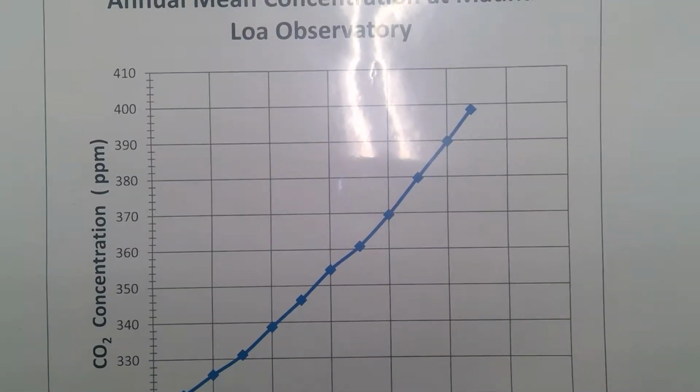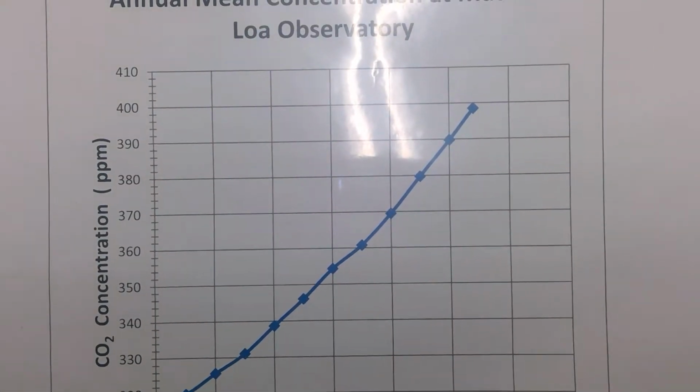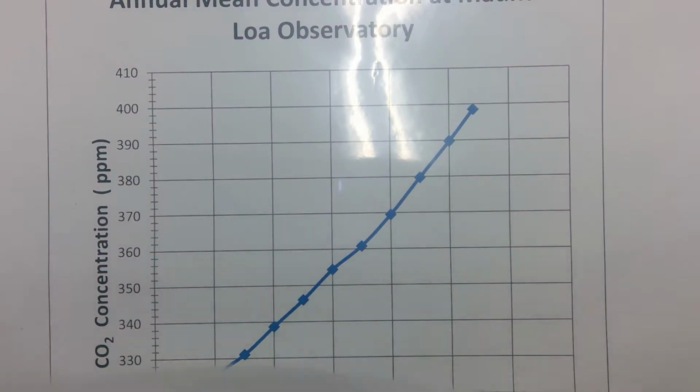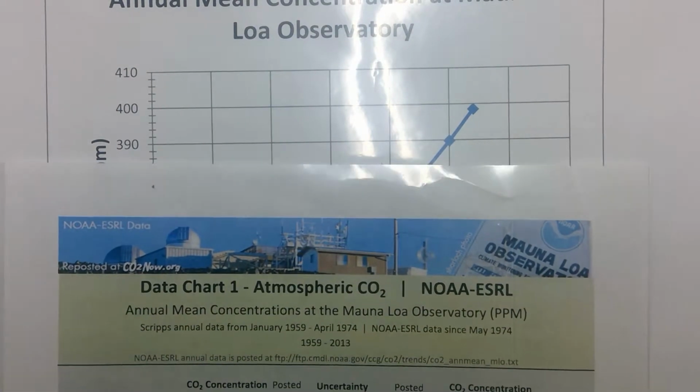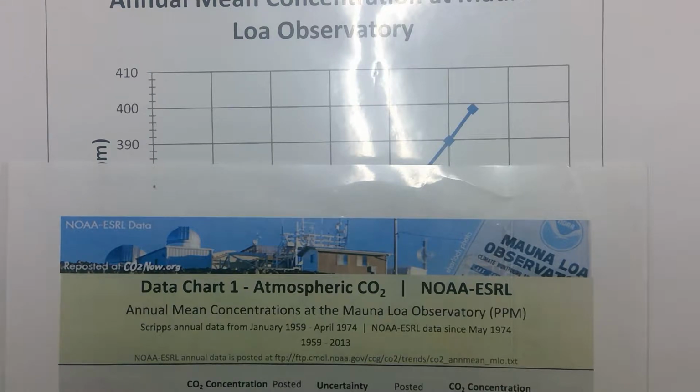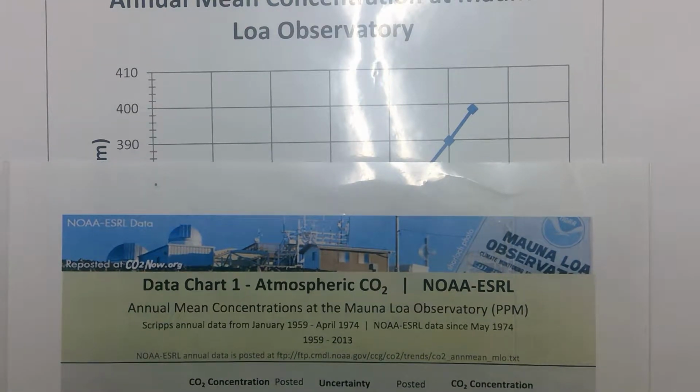Now, we watched a video showing that most of the data that you see is actually recorded on the top of a mountain in Hawaii. The mountain's called Mauna Loa, and they have been measuring the carbon dioxide concentration there since 1958, 1959.